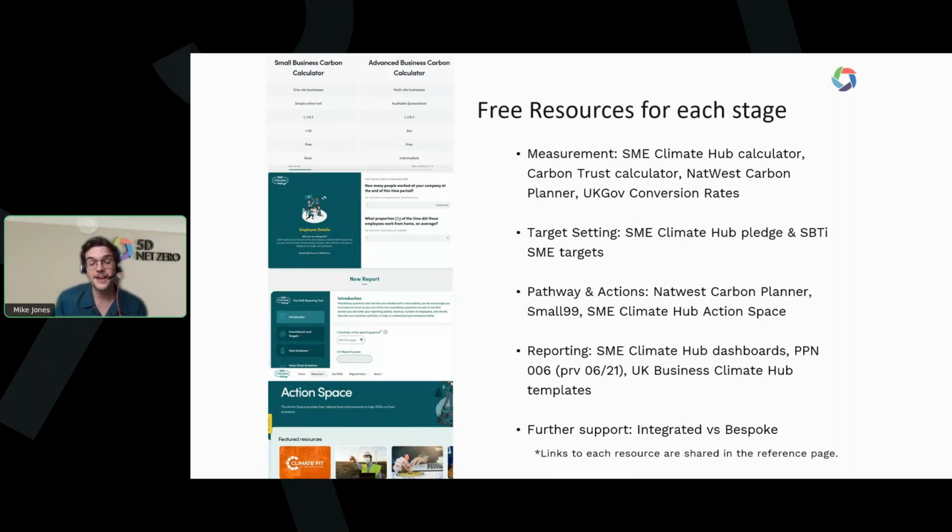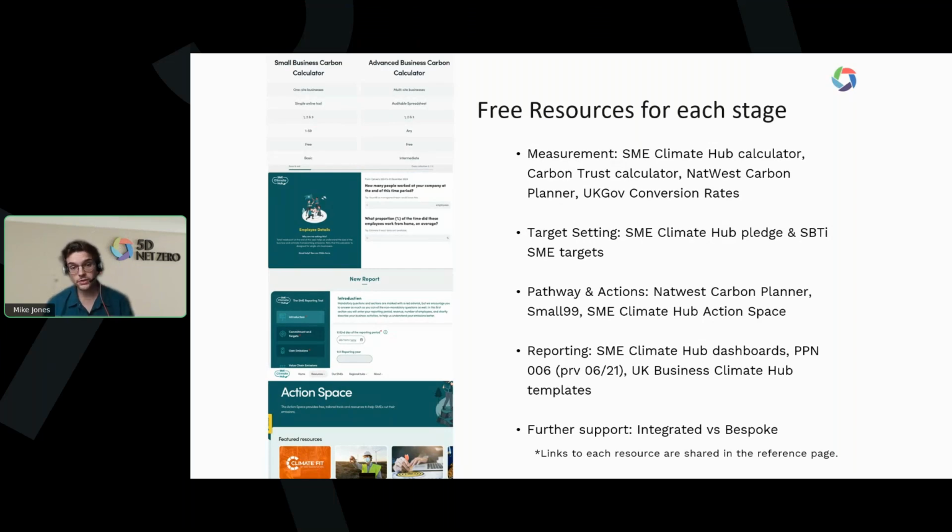As a consultancy, we often have smaller enterprises coming to us with really small budgets that want to get started, and we often refer them to the SME Climate Hub as a free, really good tool that doesn't just have the tool but also has case studies as examples and additional resources. It's a fantastic way of getting started and a way for you to test and play and learn in your own way.